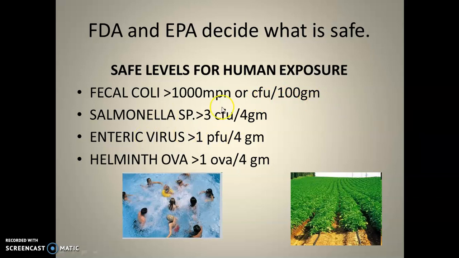For salmonella, it's only 3 colony forming units per only 4 grams of water. That's a very tiny amount because salmonella are very pathogenic, very dangerous. Viruses and helminths, there's like 1 egg per 4 grams of water.